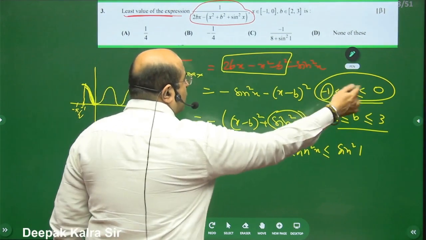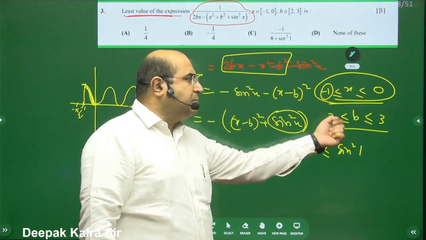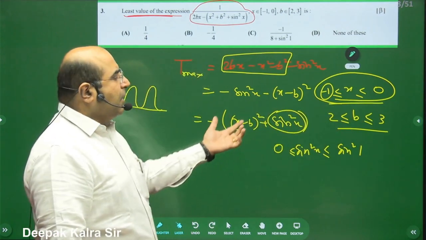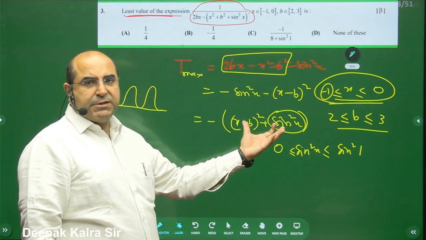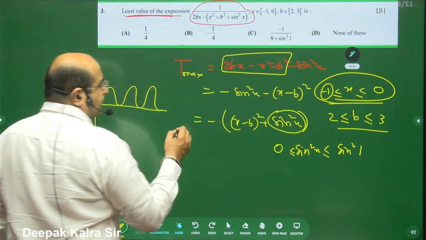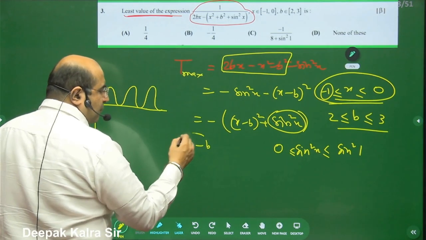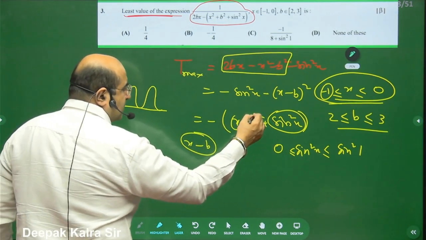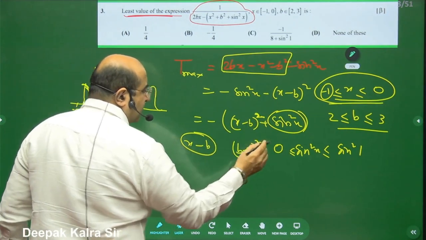So this value you have understood. About x movement from minus 1 to 0, we cannot leave that. Need to maintain minus 1 to 0, and b also. Now how will b help me get the total answer of this expression? This is the only concern which you have to take care. You know very well, x minus b, whose square is there. So I would have written b minus x also, isn't it?